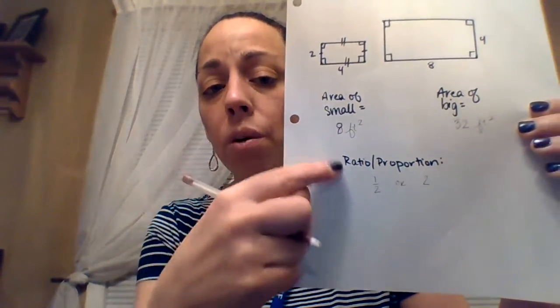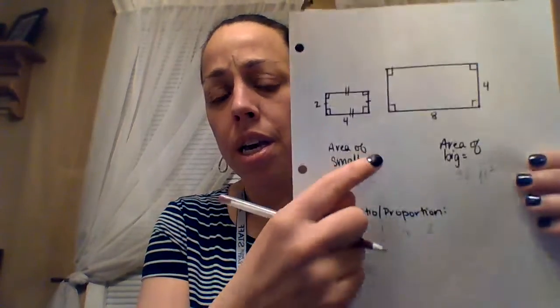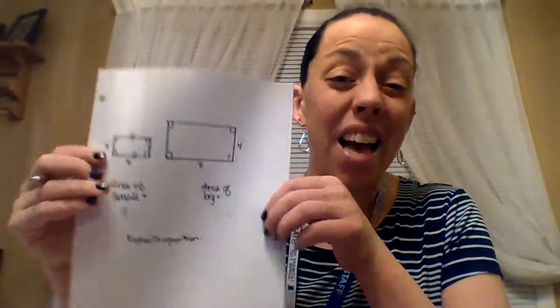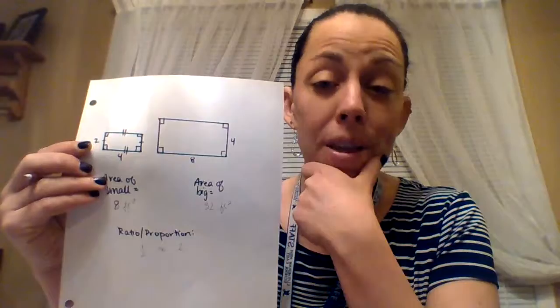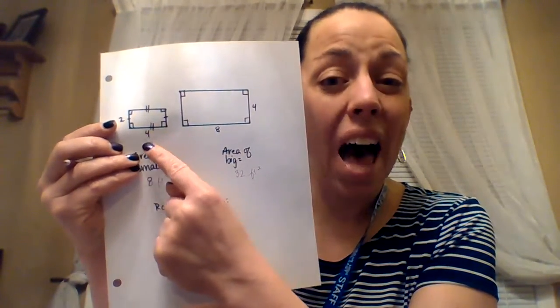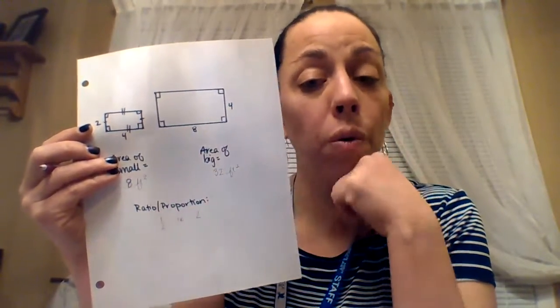Our proportion is either 1/2 or 2, technically 2 to 1. It depends which way you're looking. If you start with the small one, your proportion would be half of this one. If you start with the large one, your proportion is double the small one, or 2/1.